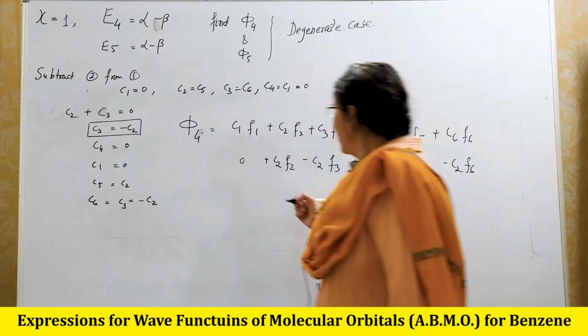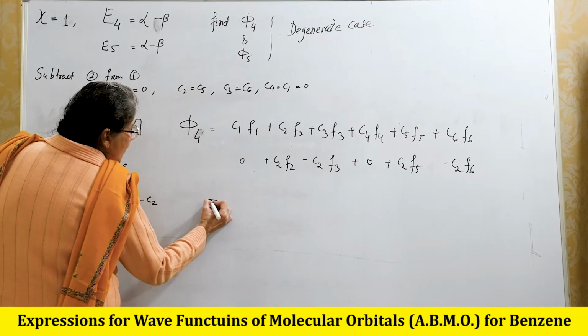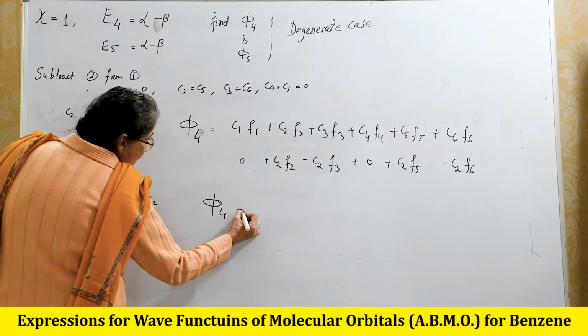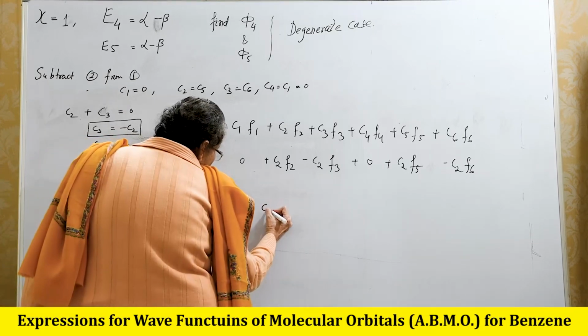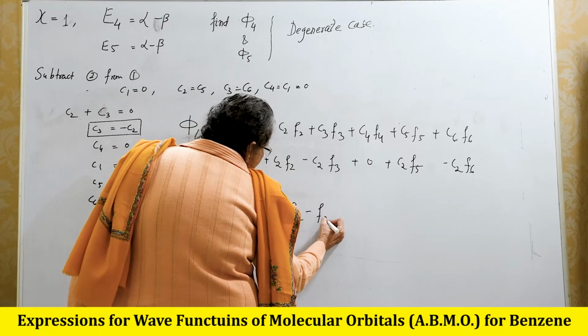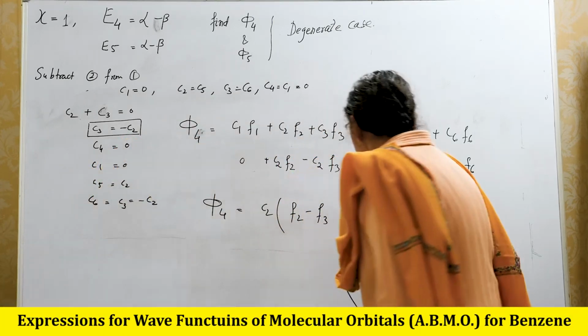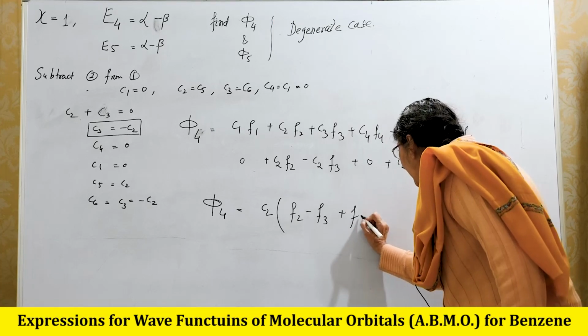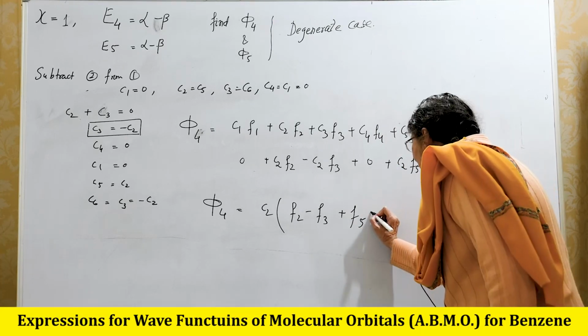So we get that phi 4 is equal to C2 common, we take out common, F2 minus F3 plus F5 minus F6.